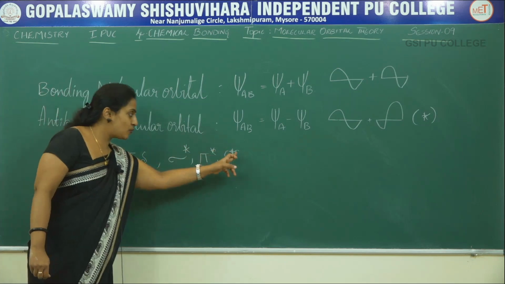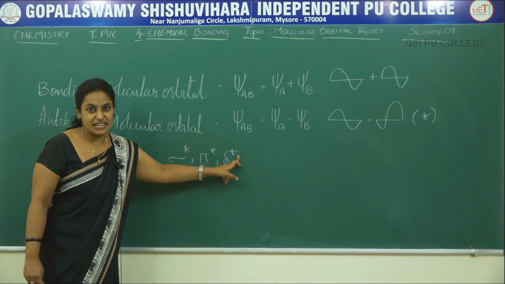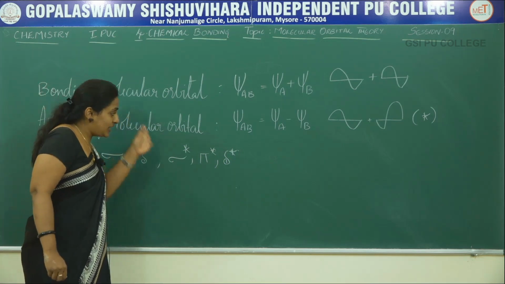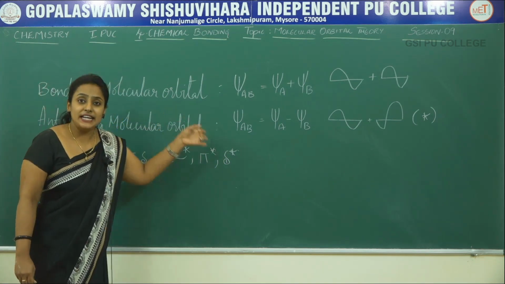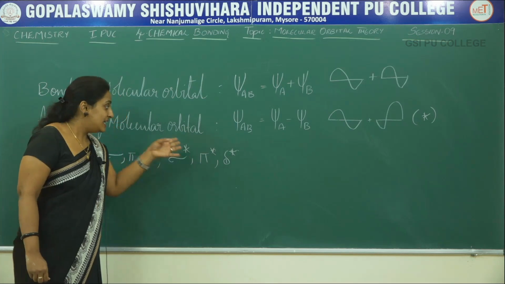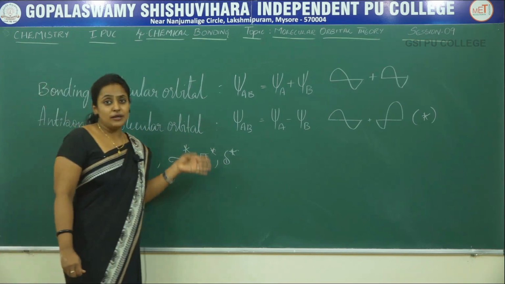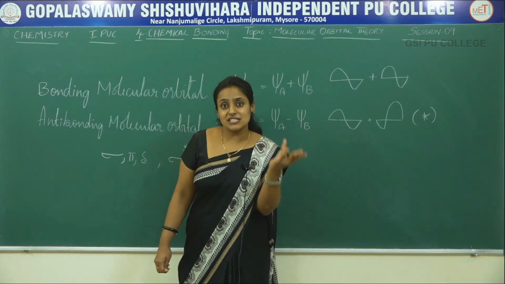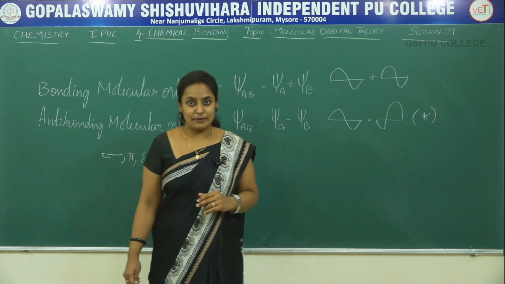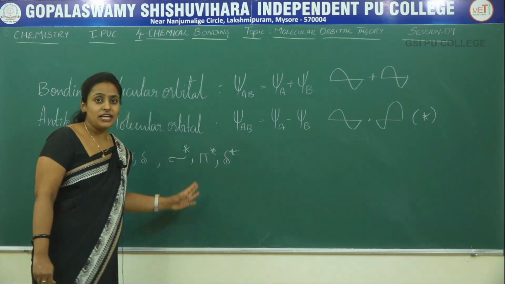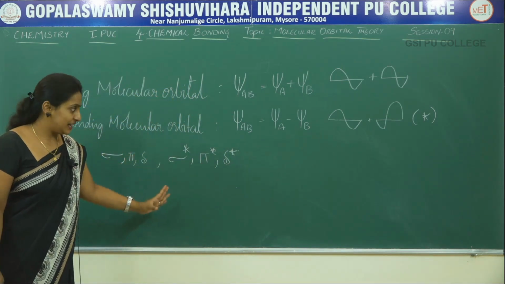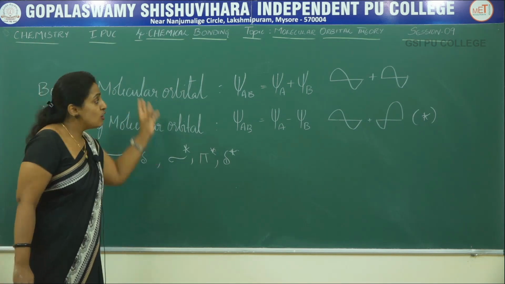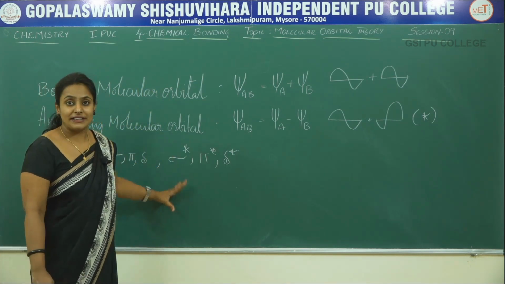Usually the anti-bonding molecular orbitals are represented by stars, and the electron filling in these bonding and anti-bonding molecular orbitals takes place according to Pauli's exclusion principle, the Aufbau principle and Hund's rule of maximum multiplicity. This is what concerns molecular orbital theory. Now let us consider the energy level diagram for molecular orbital theory.